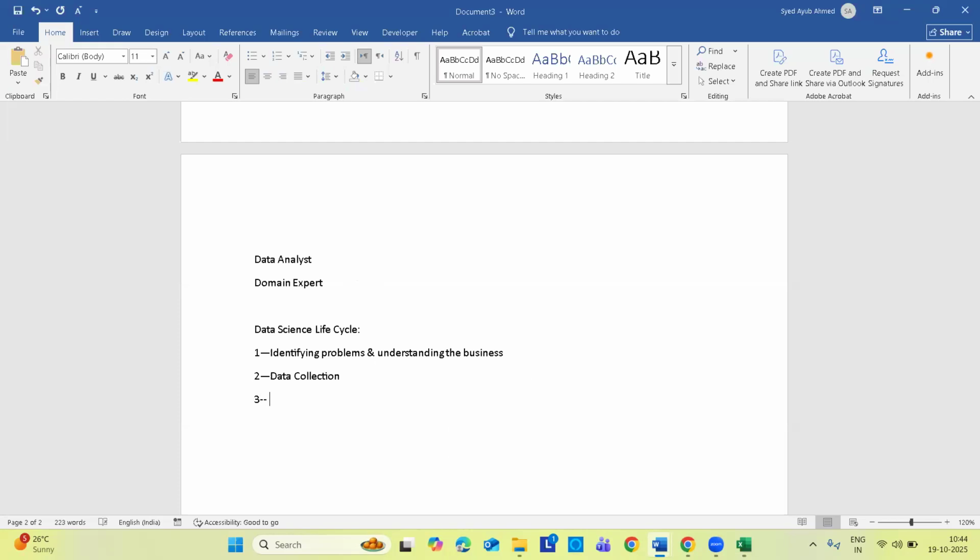Third one is data processing. Fourth one will be your data analysis. Fifth one will be data model, that means you are building the algorithms. And sixth one will be model deployment, that means you have to deploy a model live. So this is the data science life cycle.